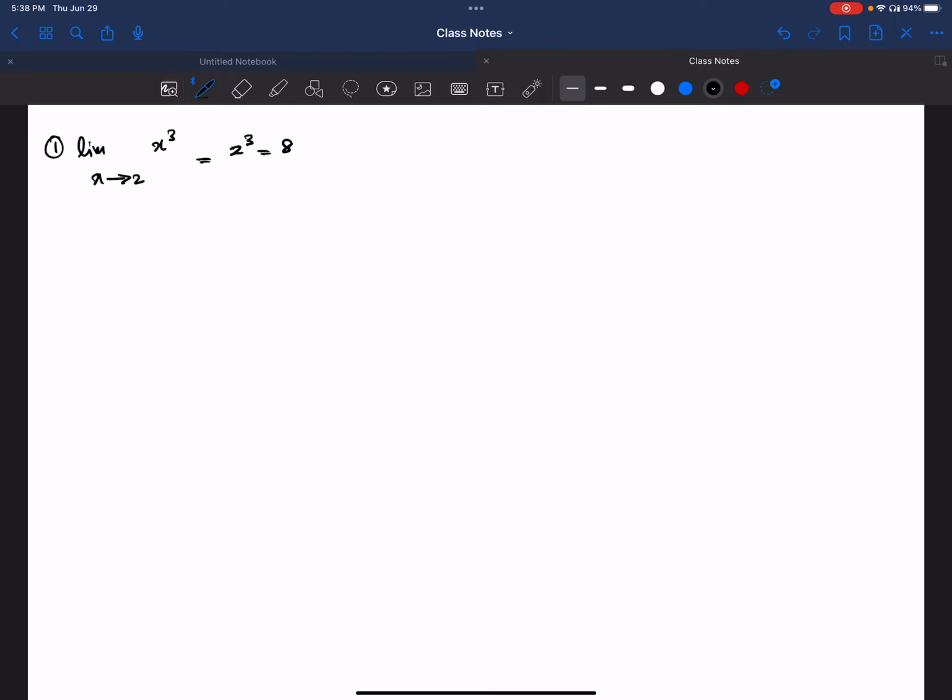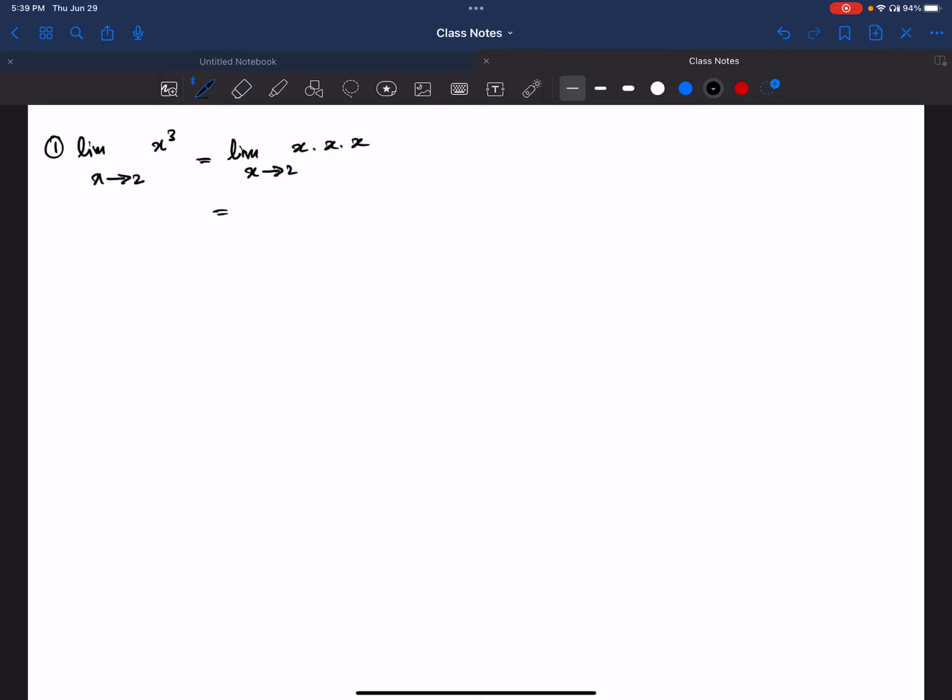And example number 2, I just need to explain this a little bit here. We have the limit as x goes to 2 of x times x times x.